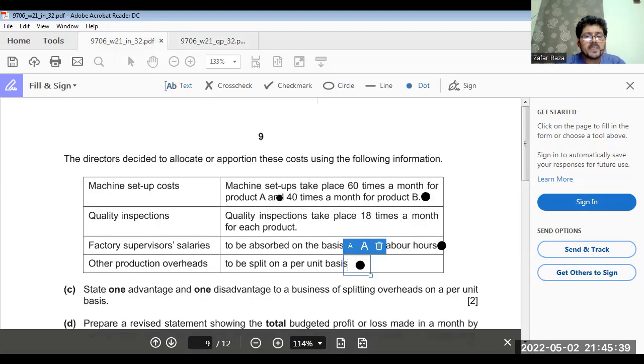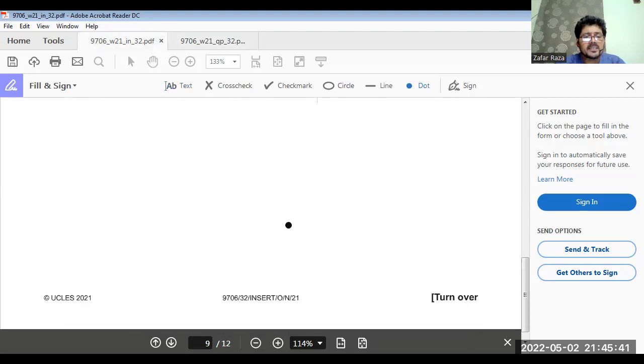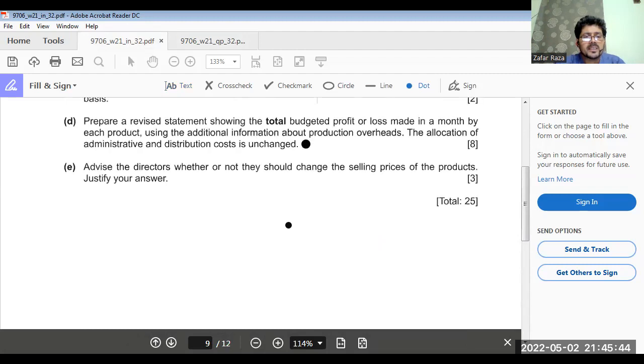Go to insert again and option. Advise directors whether they should change the selling price of the products. Okay.